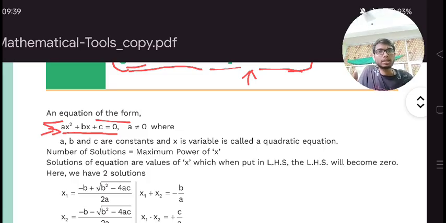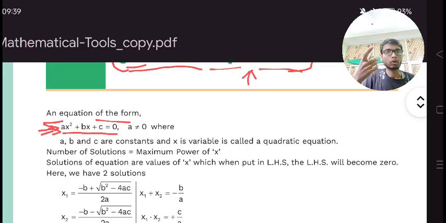Right now we are understanding by looking over here that a, b, c, all these are real numbers. But I am not saying x is also a real number. No, x is a variable. a, b, c are real.